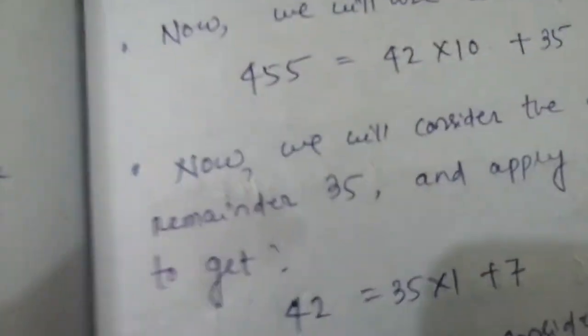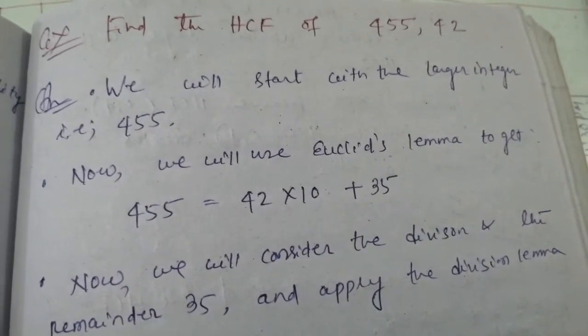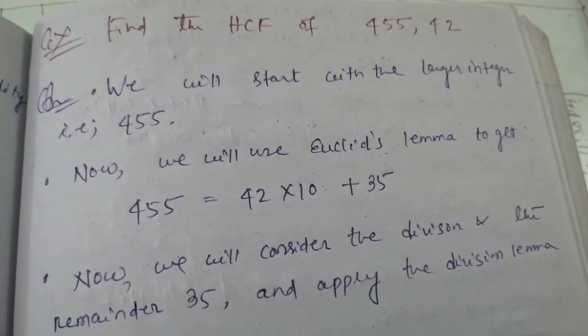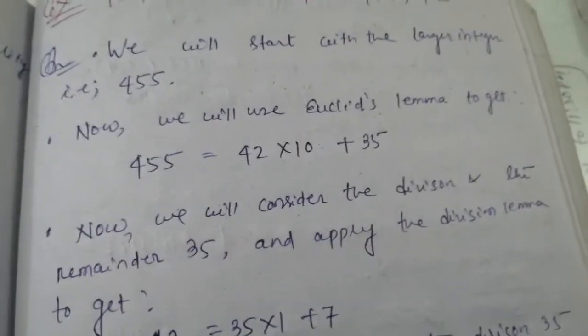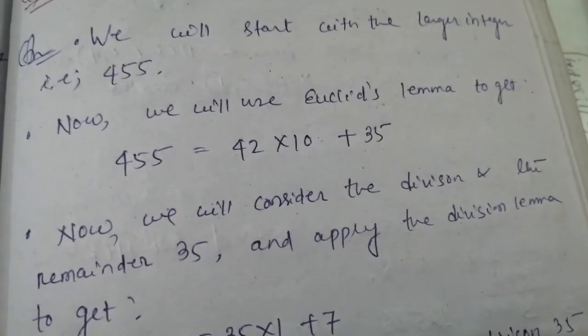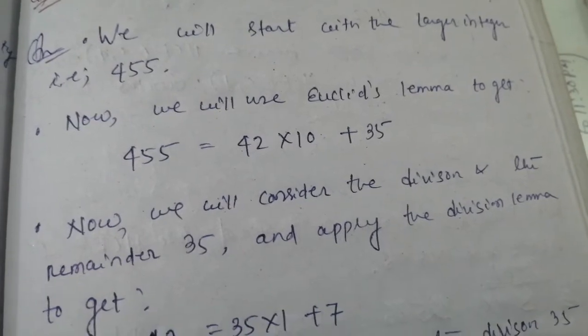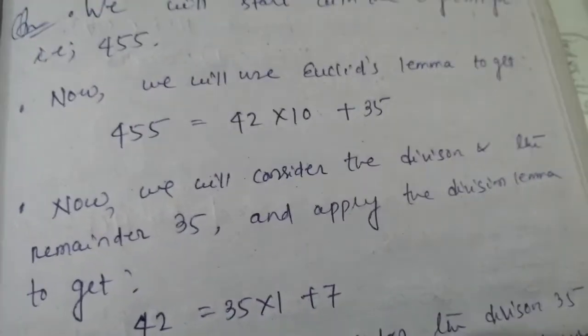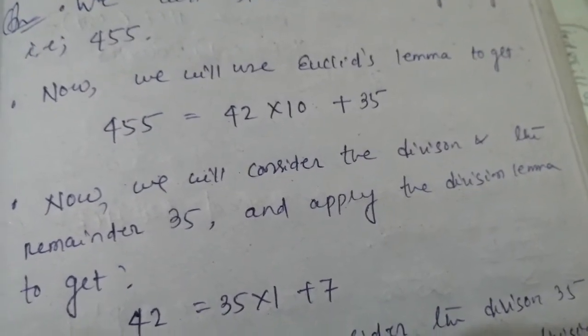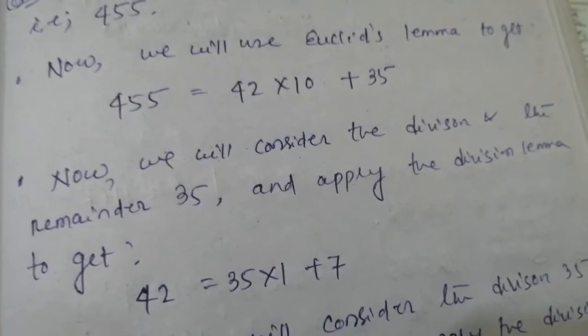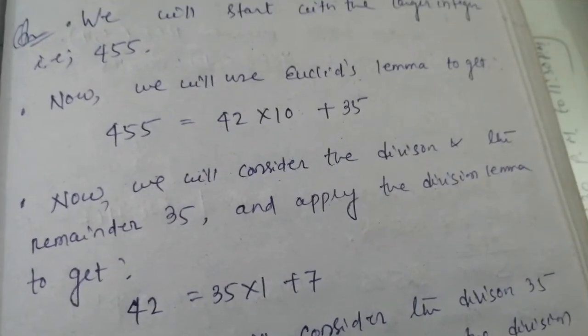Now we will proceed through some examples. The question of the example is, find the HCF of 455 and 42. The answer is, we will start with the larger integer, that is 455. Now we will use Euclid's lemma to get 455 equal to 42 into 10 plus 35.